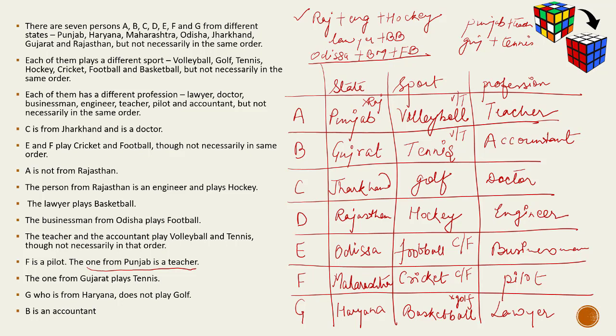Also we can see here that noting down the negative data helps us in eliminating some of the information, that this information cannot be placed here. So it's very critical to note down the negative data in a shorter or smaller format, or the possibilities as we have written here, that C/F, that at this place only cricket and football can come, or V/T, that at this place only volleyball or tennis can come. Okay, so data arrangement has to go very organically and systematically.